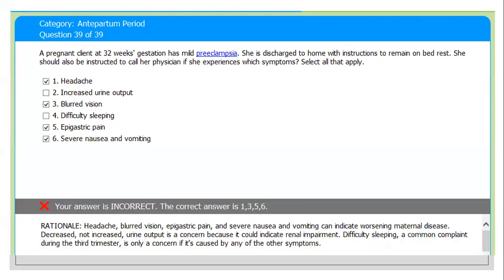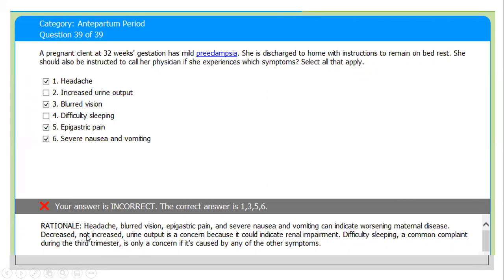The correct answer is headache, blurred vision, epigastric pain, and severe nausea and vomiting. The rationale says headache and blurred vision mean visual disturbance, and epigastric pain or severe nausea and vomiting can indicate worsening maternal disease.